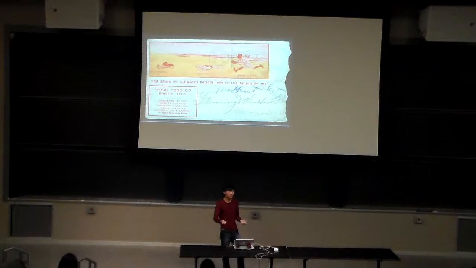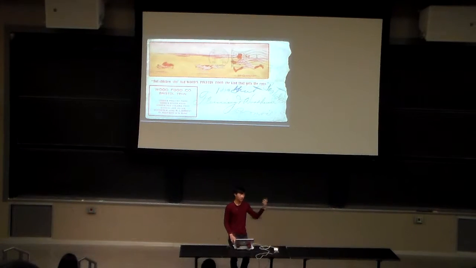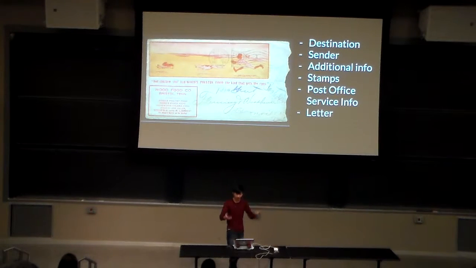You put it into the post office, and they put tons of information in addition to that, just to route your message to the correct place. You also put a stamp that is a payment for this letter, and all of this information is in addition to your letter, right? So it's like wrapping information for your content.